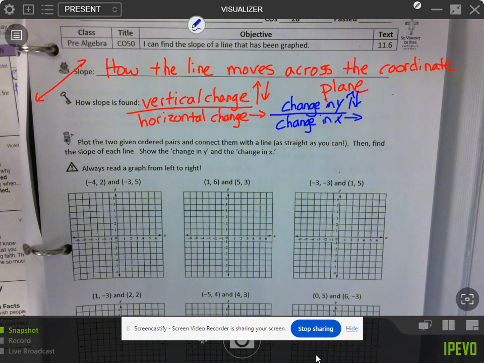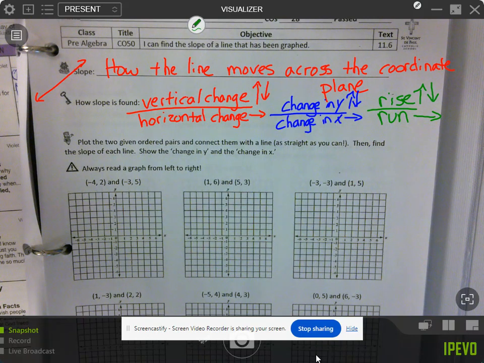The last way we're going to write it is rise over run. The rise is if it's going up or down, and the run is you're running across the land, right? Rise goes up or down, the run is going across. They all mean the same thing.